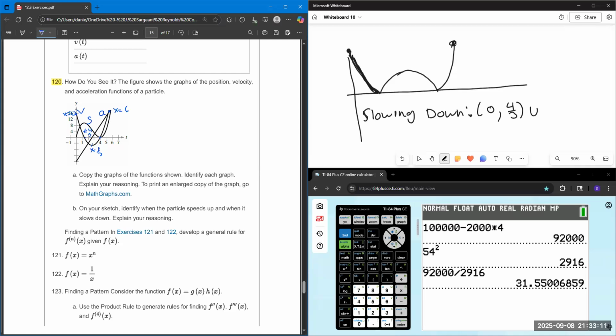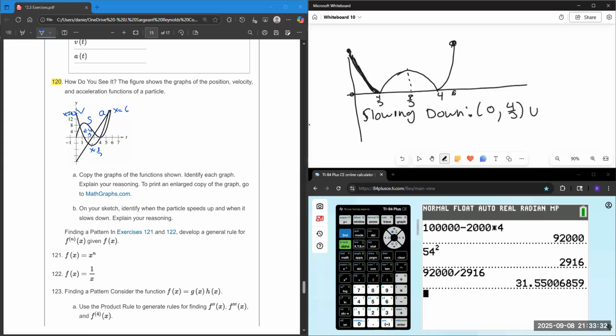So this is 0, then this is 4/3, then this is 8/3, and this is 4, and this is 6.